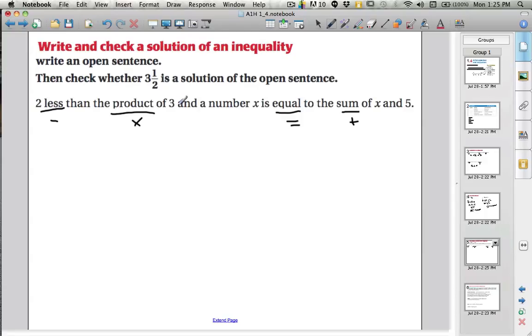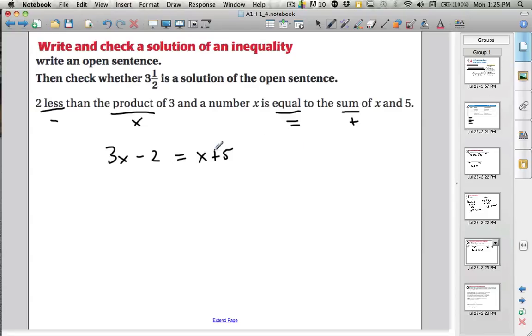So there's the product of 3 and x, 2 less would be minus 2. 3x minus 2 is equal to the sum of x plus 5.